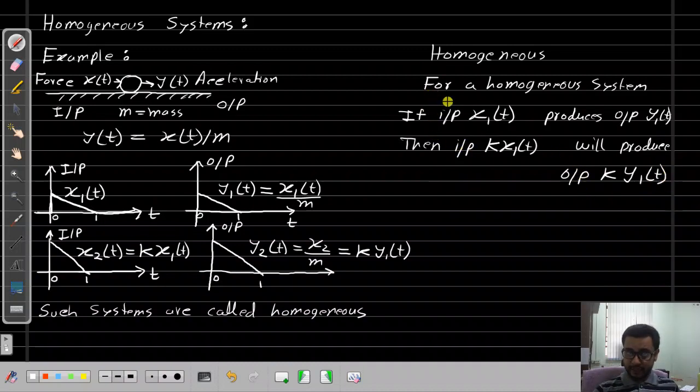If a system behaves in this way, then it is called homogeneous. This property is called homogeneity.